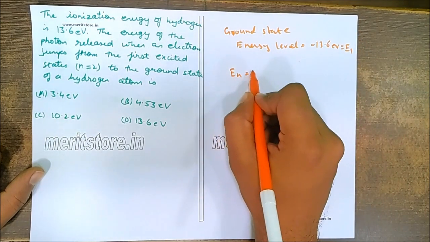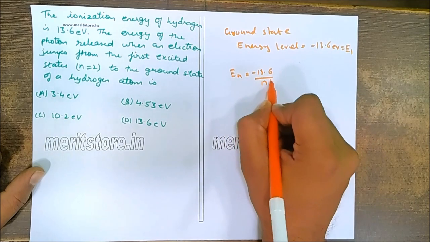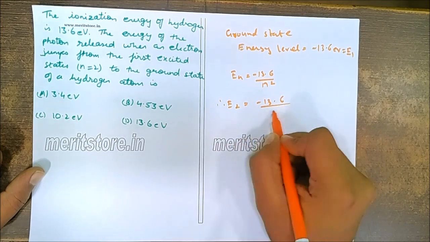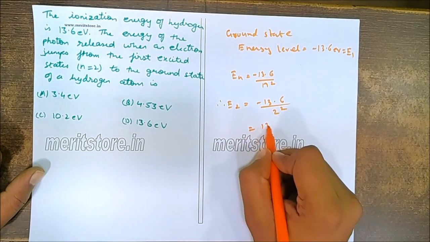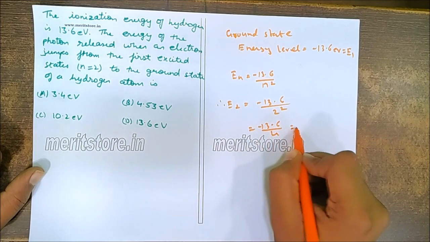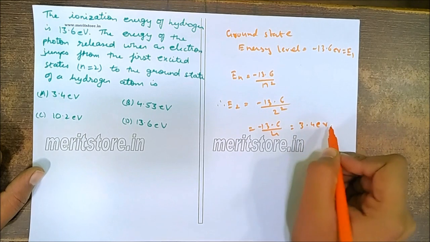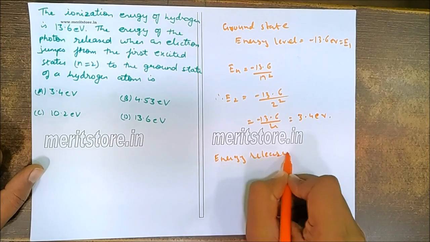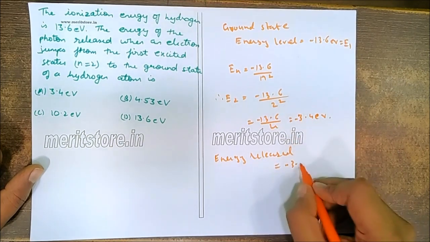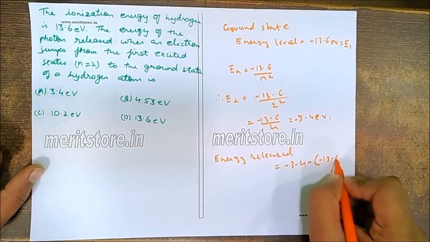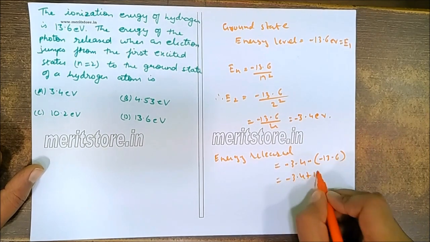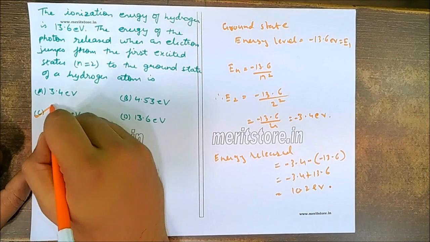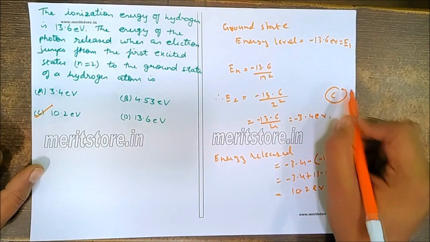So En is equal to minus 13.6 upon n square. Therefore E2 is minus 13.6 upon 2 square, which is minus 13.6 upon 4, this is minus 3.4 electron volts. Therefore the energy released will be minus 3.4 plus 13.6, which is 10.2 electron volts. Option C.